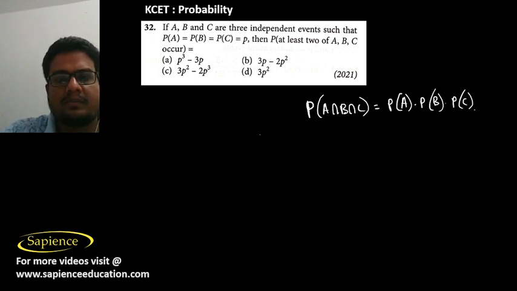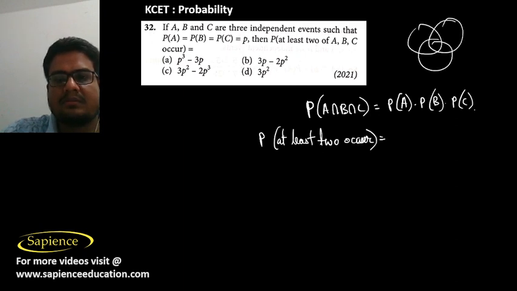Then the probability that at least two of A, B and C occur. So A, B and C, you have to find out the probability of this region.